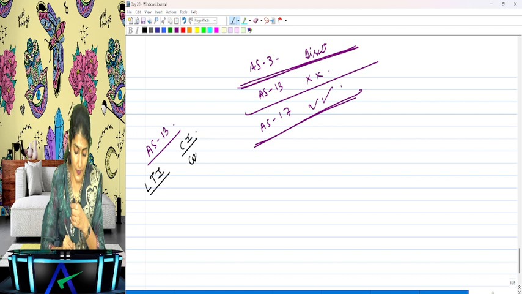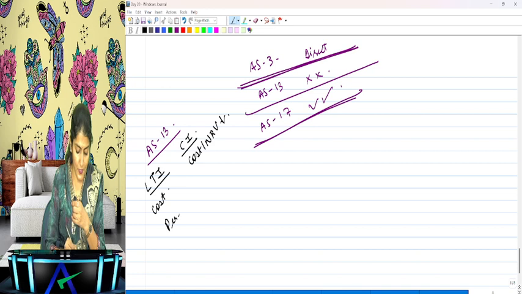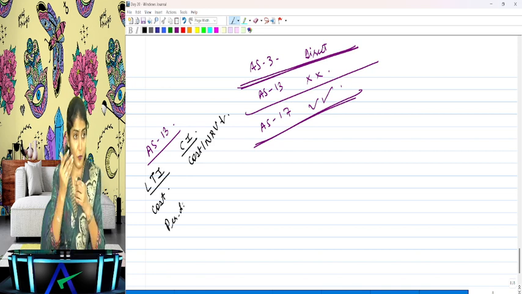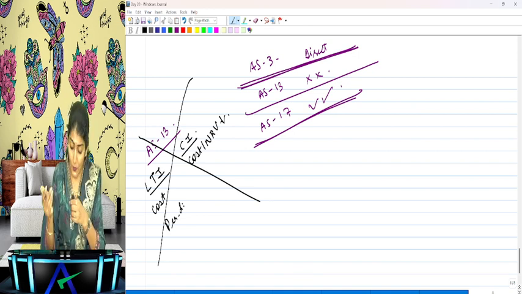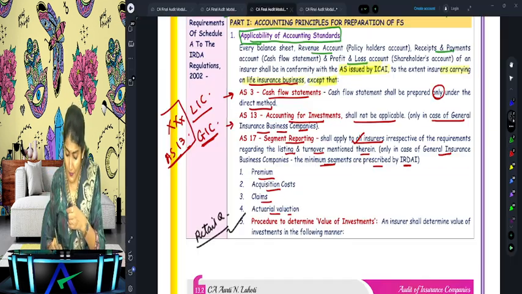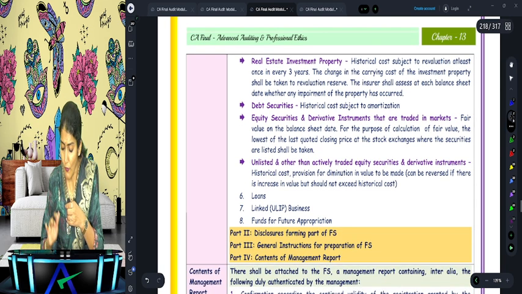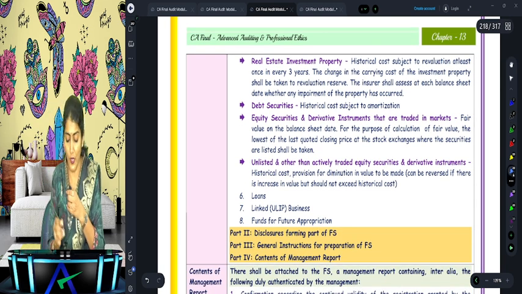Then current investments at cost or NRV, whichever is lower, and long-term investments at cost, and only permanent diminution in the value of investments is to be considered. Now, this is not applicable to the insurance company. So now, what is the classification of investments for an insurance company? Four classifications. What are the four classifications?